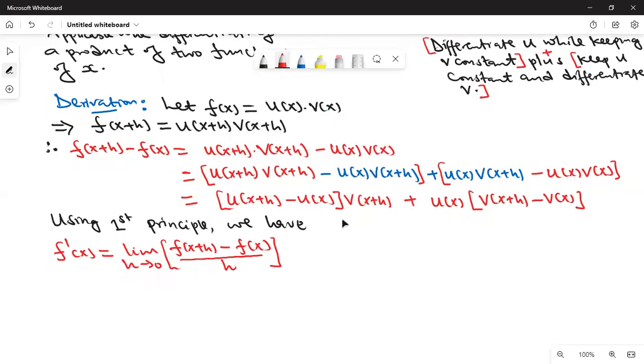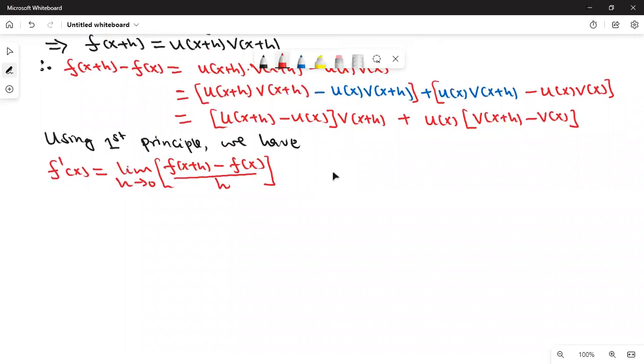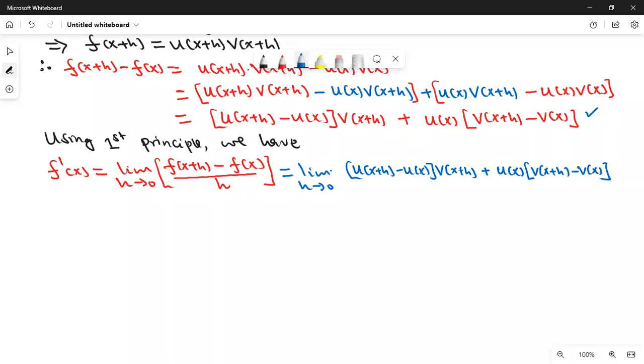And we know the numerator, we have found the whole of this, so that's what I'll substitute. So that is the limit as h approaches 0 of u of x plus h minus u of x, times v of x plus h, plus u of x times v of x plus h minus v of x. The whole of this should be divided by h.